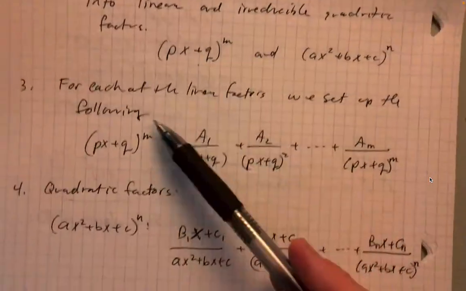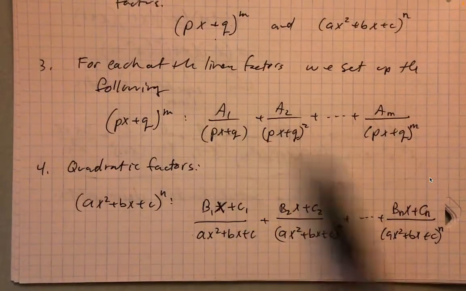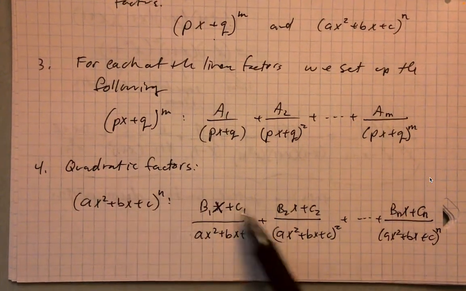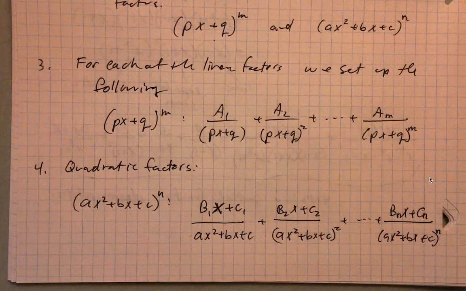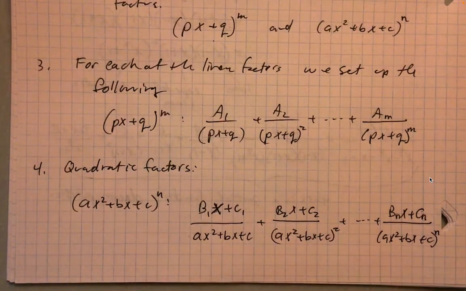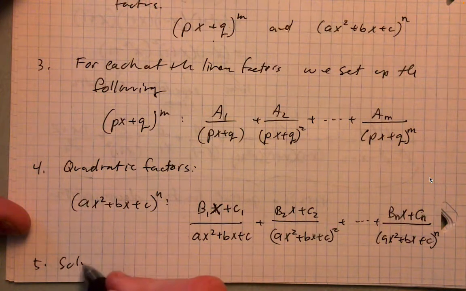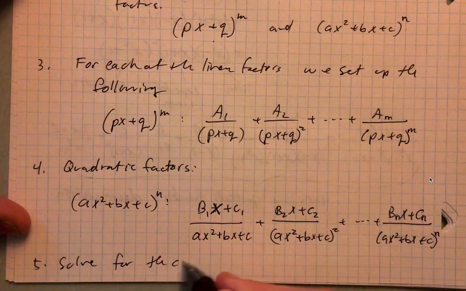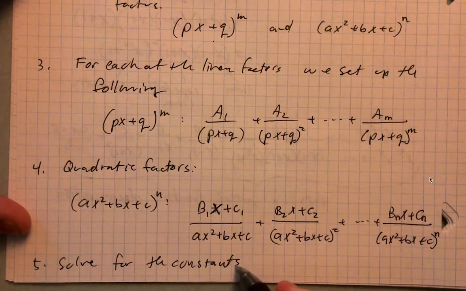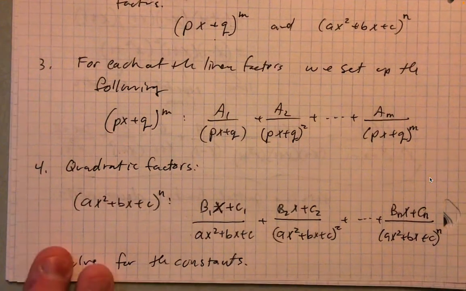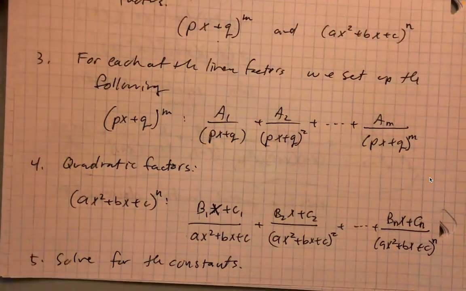Then for each linear factor you set up this sum, and for each quadratic factor you set up this sum. And then, of course, I didn't write it in here, step 5: solve for the constants. That's kind of obvious, but I failed to state the obvious in this case.